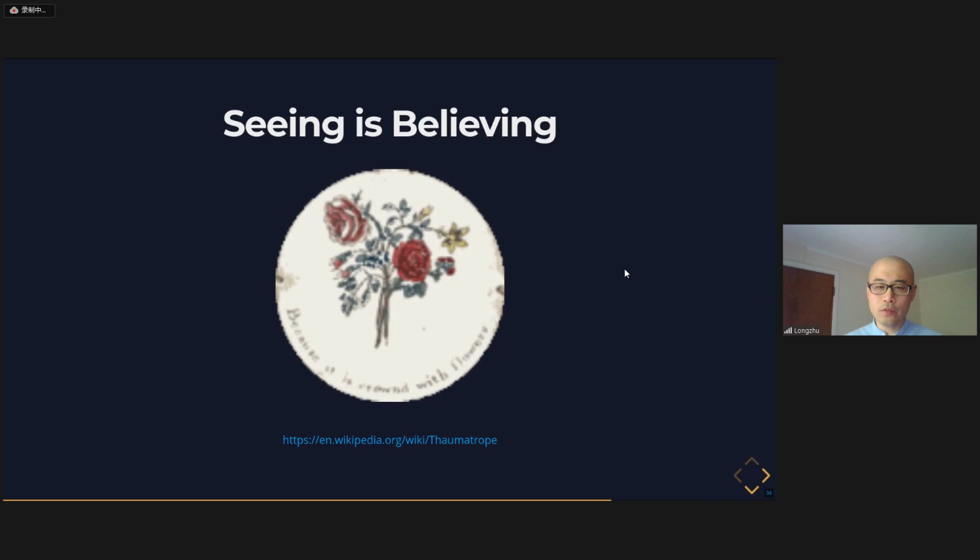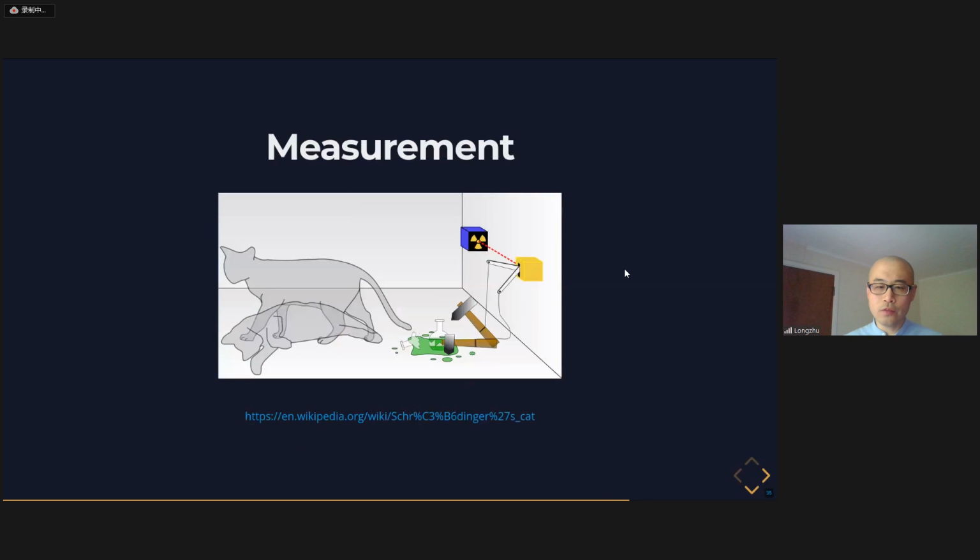Well, actually, that's not the end of the story. It's not only the observation, there's also measurement. This is a very famous example in quantum mechanics. We call it Schrödinger's cat. What happens here is there's a radiator showing this symbol. At random, it sends out an alpha particle. If this alpha particle is sent, it will trigger a device to hit a flask, and this flask has some poisonous gas.